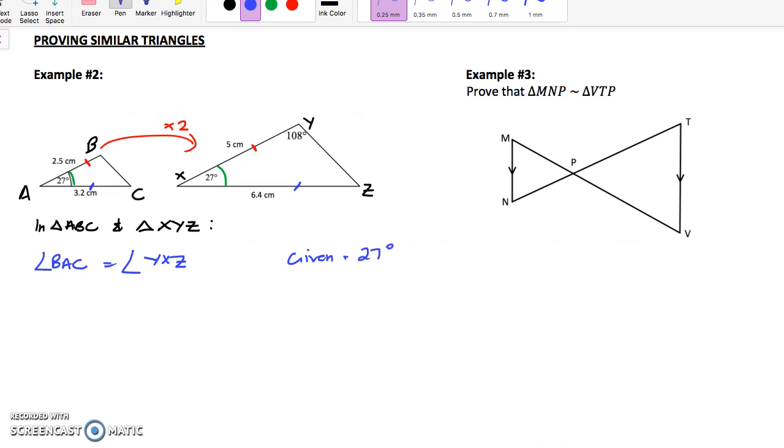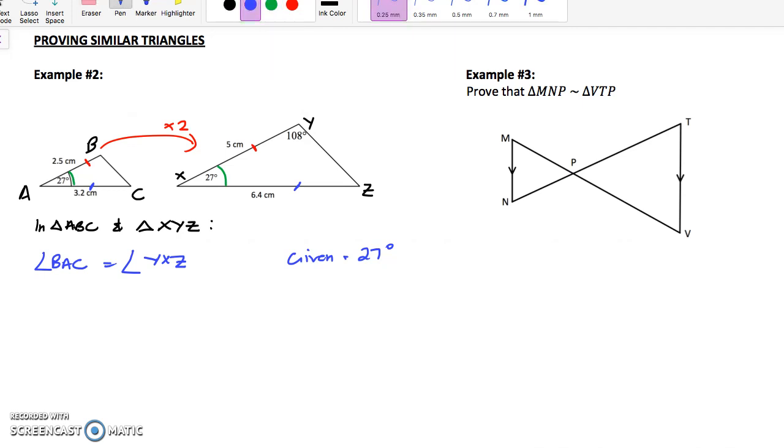27 degrees. Now we've got the side YX here, so I'm going to say YX. Whoops, I'm just going to take that away because I've actually mentioned the other triangle first.